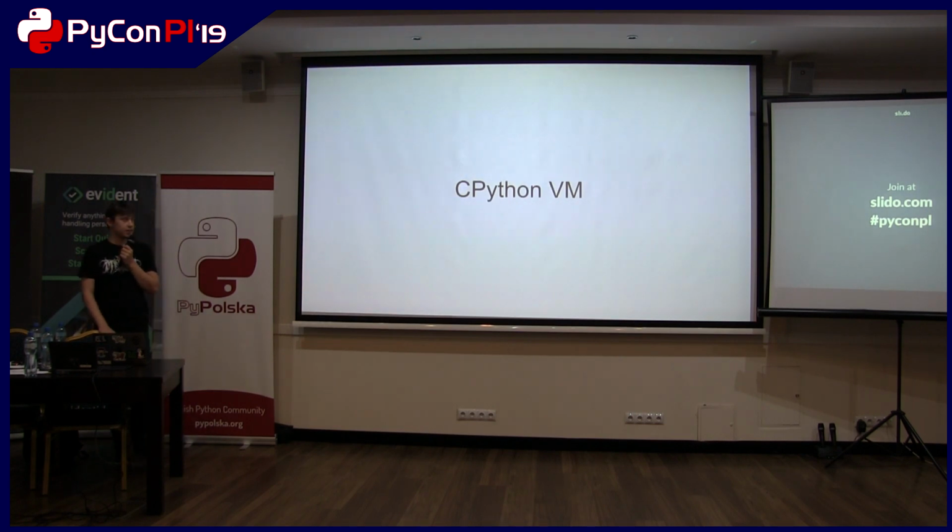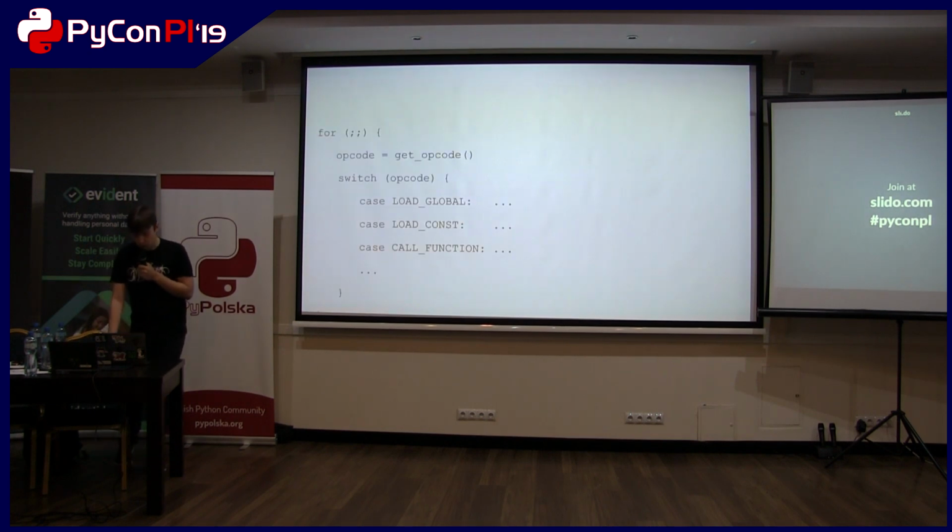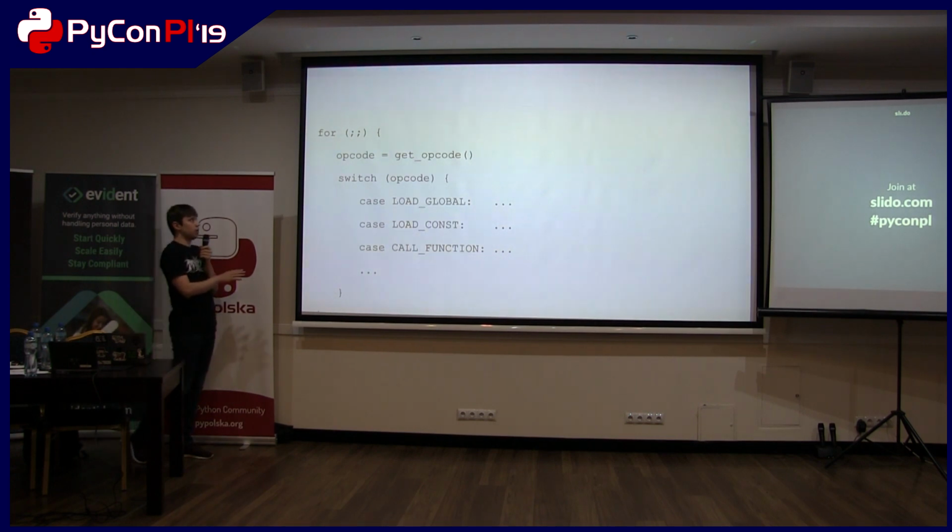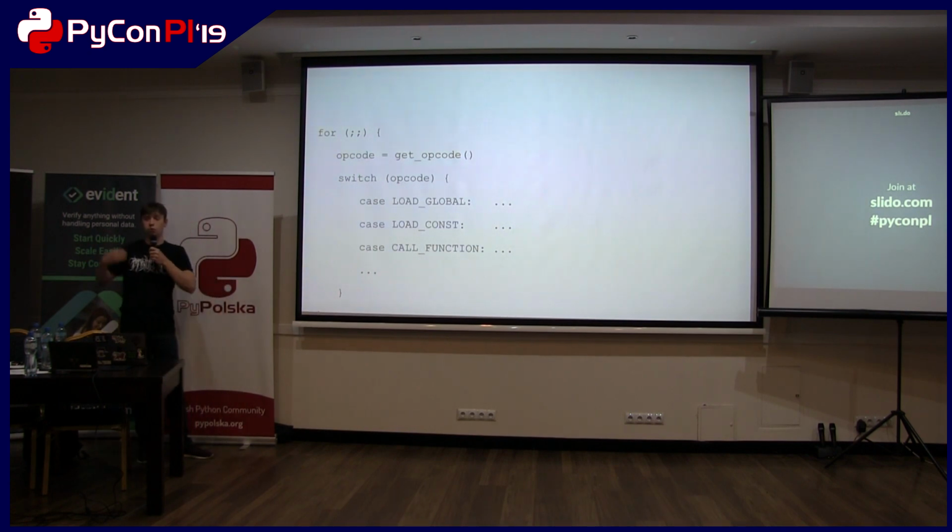Okay, let's look at an example of a CPython VM. An example implementation can look like this. One disclaimer here: that's not the full picture, because the CPython VM actually executes code objects.